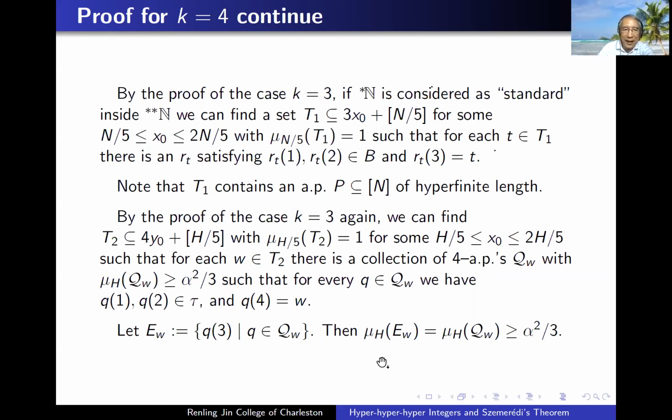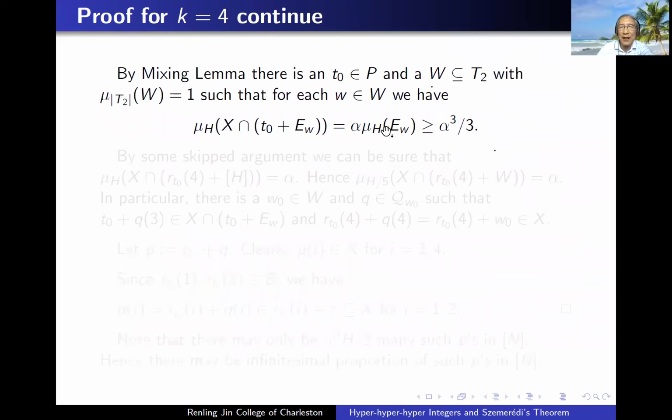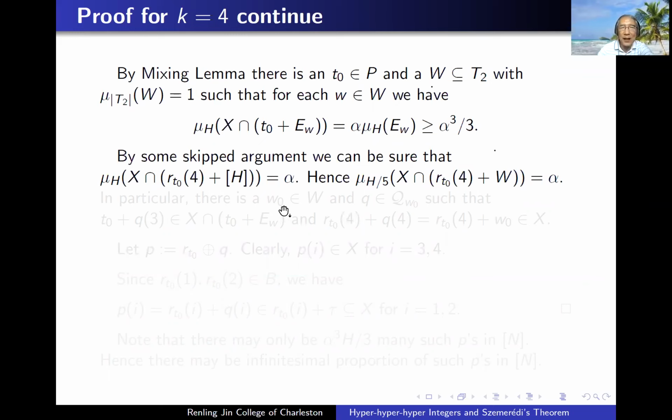Okay, then we can use the mixing lemma again to mix them at a certain level. In this case, we use exactly the same idea to lift all those T2 into the level of RT4 to get some element.